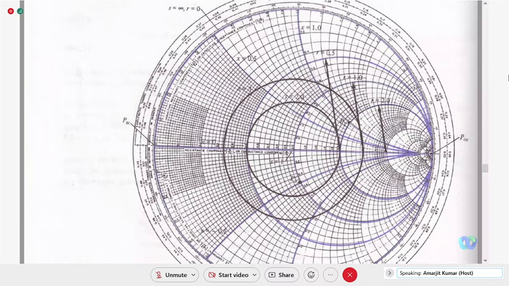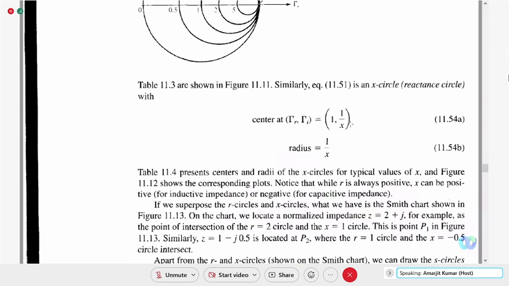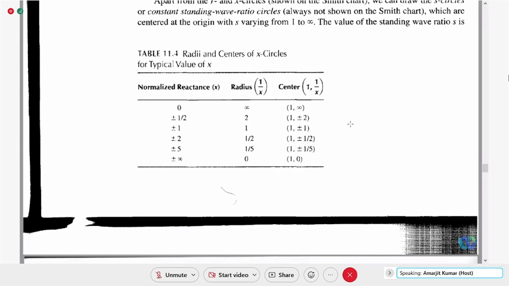Now suppose you want to locate Z is equal to 1 minus J 0.5. How to locate? R is equal to 1, X is equal to minus 0.5.